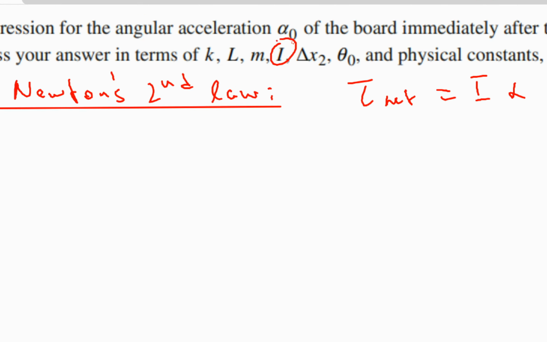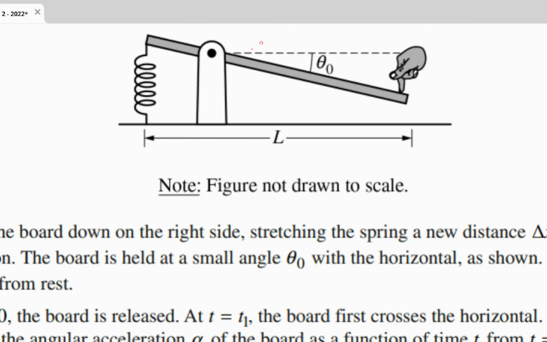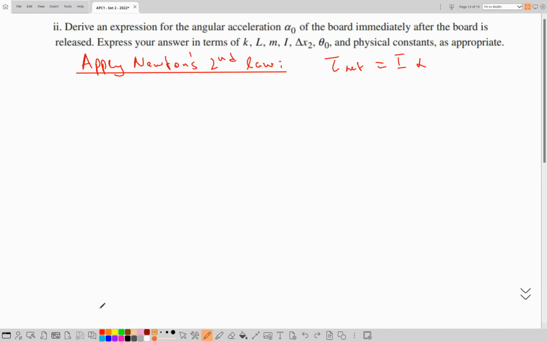Here I is for the board, but let's double check that there is no other object that includes moment of inertia, and indeed the only massive object is the board, and the spring provides no inertia. Now, what are the forces that produce torque? We have the torque due to gravity, the torque due to the pivot, and the torque due to the tension.